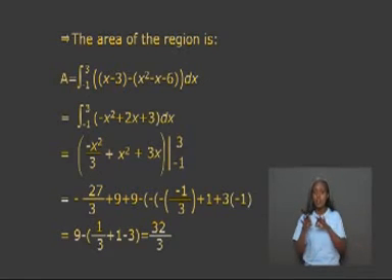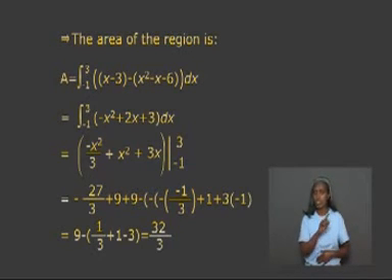Substituting the two values of x, we are given an equation which simplifies to 9 minus 1 over 3 plus 1 minus 3, which equals 32 over 3.